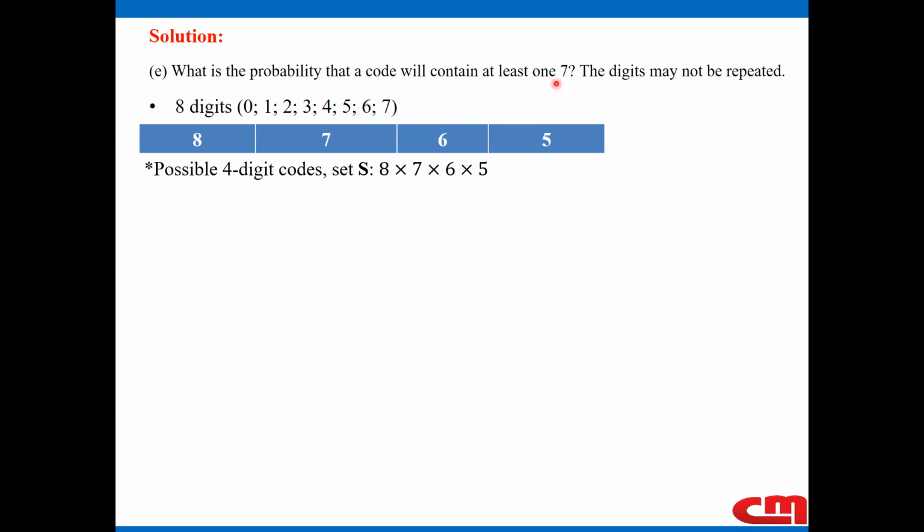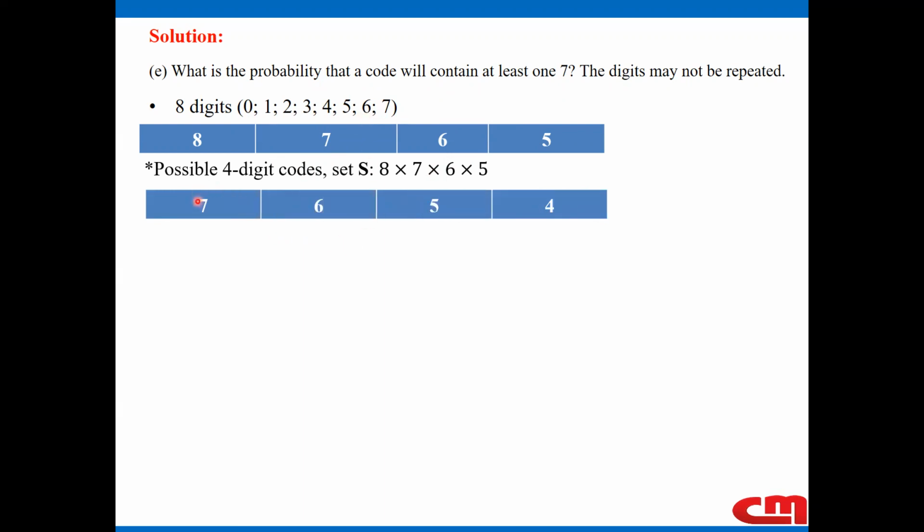Once I'm done, now I'm going for the idea of at least 1 7. In a similar way, we approach the one in D to say, let us find the possible outcomes without a 7. That is making use of digits 0 to 6, right? So we are saying the first position, all the 7 digits, 0 to 6, can occupy that.